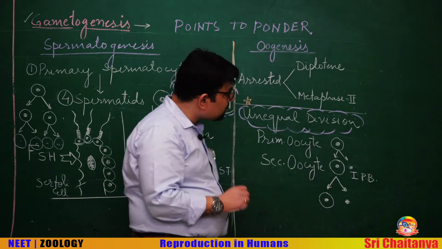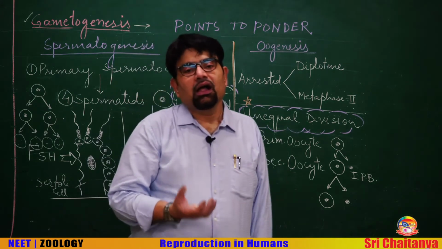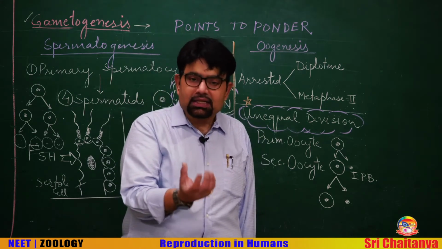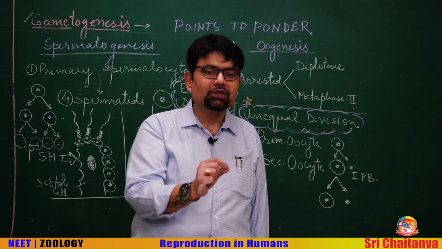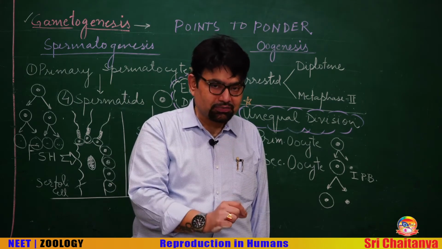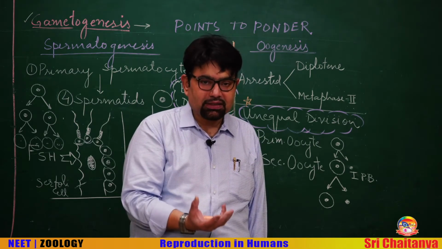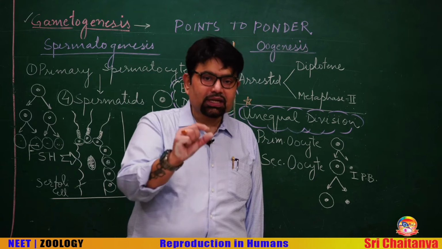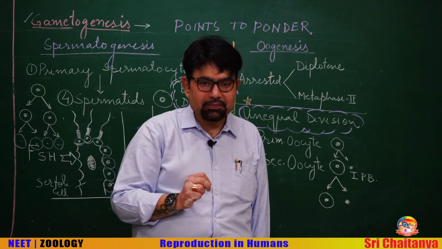What is this polar body and why is it formed? Try to understand. The egg is the largest cell in the human body. After completion of the first meiotic division, the entire cytoplasm is retained by one cell. Only the nuclear content is extruded out as the first polar body.